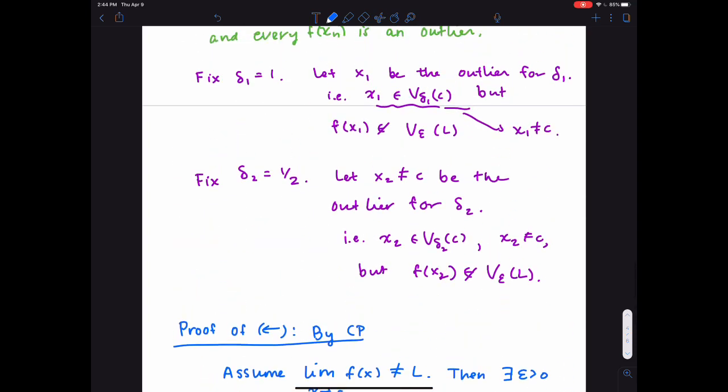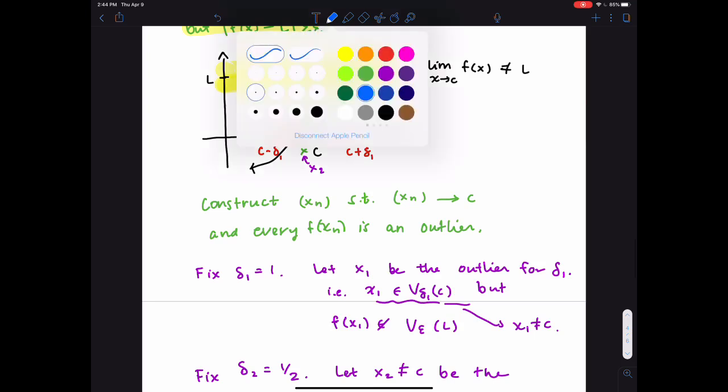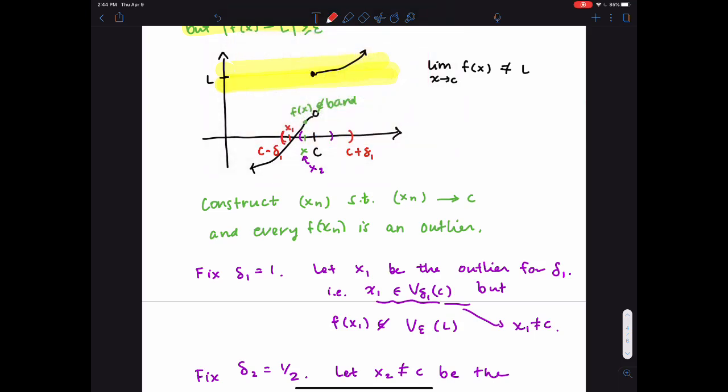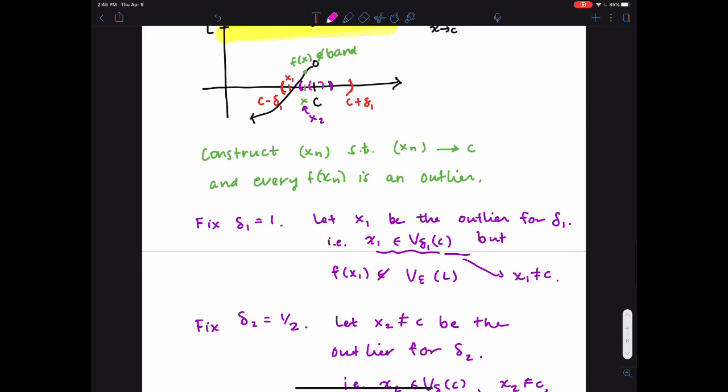So going back up to our picture, we were saying, all right, pick a first delta value. There it is. Then pick a next delta value that's smaller. So in this case, our first value is 1, our next value is 1/2. And we just keep picking values that are getting closer and closer. And every time we shrink delta, we're getting a new outlier. And in that way, we're squeezing our outlier inputs towards c.